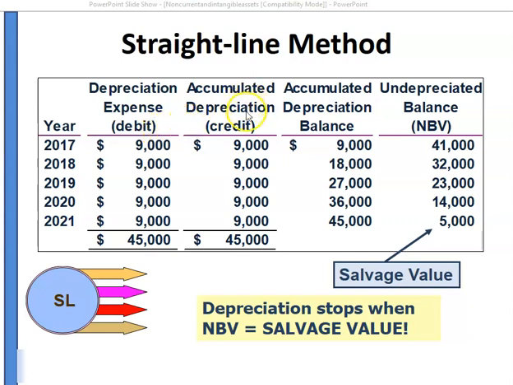Our annual accumulated depreciation is credited to the balance sheet of $9,000, but look what happens on year 2, 3, 4, and 5. And notice it also says that depreciation stops when net book value equals salvage value. So we paid $50,000, but we're only going to depreciate $45,000. We're going to stop at salvage value.